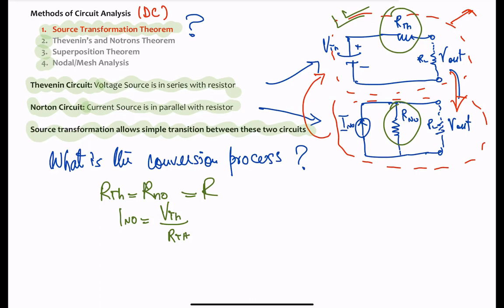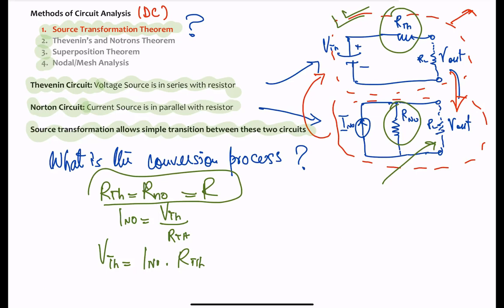Similarly, if you have a Norton circuit over here, then you can calculate the Thevenin voltage by simply applying Ohm's law, where the Thevenin voltage is equivalent to the Norton current times R, which is the RTH. Remember, RTH and RNO are all the same, so I can just go with R. So this will be just VTH over R, and this is the Norton current times resistance.